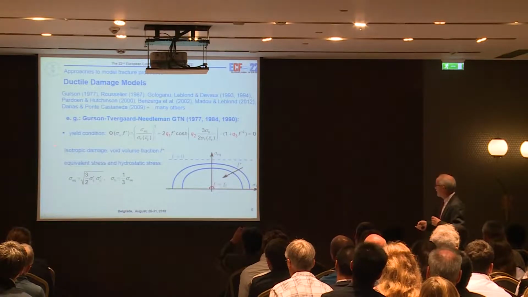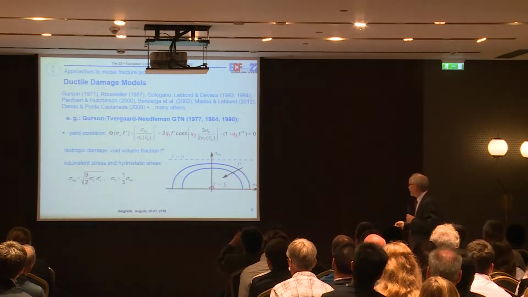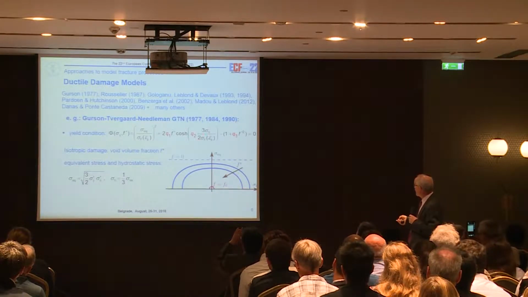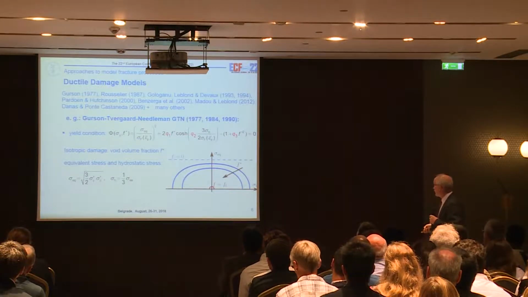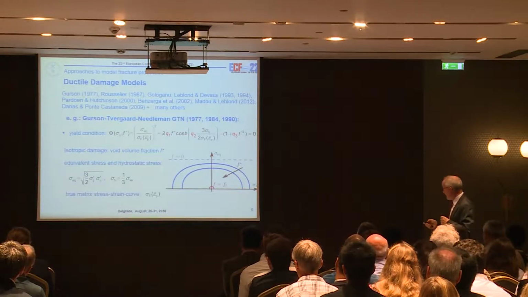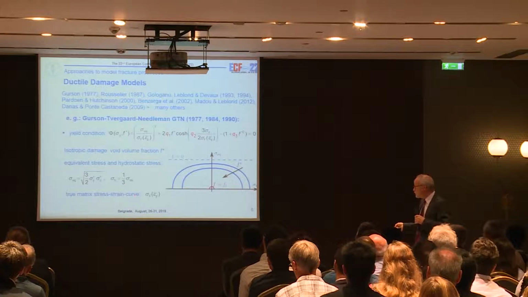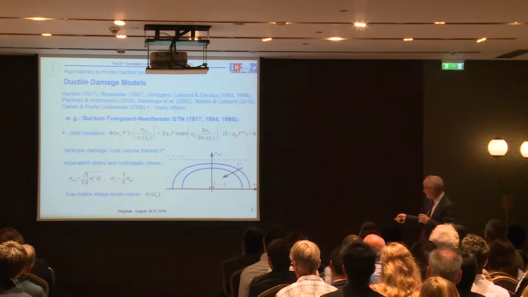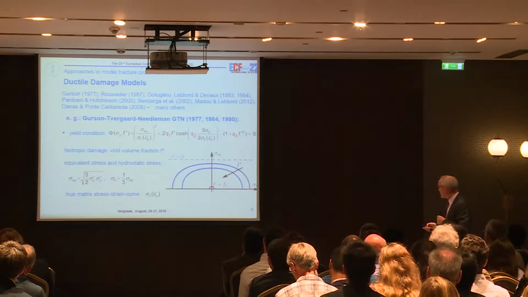These are the definitions known for the equivalent stress and the hydrostatic stress. And the triaxiality of the stress state is here the most important driving term for crack growth. What we need is a true stress strain behavior of the matrix. It is only of the matrix. It comes in here into play.